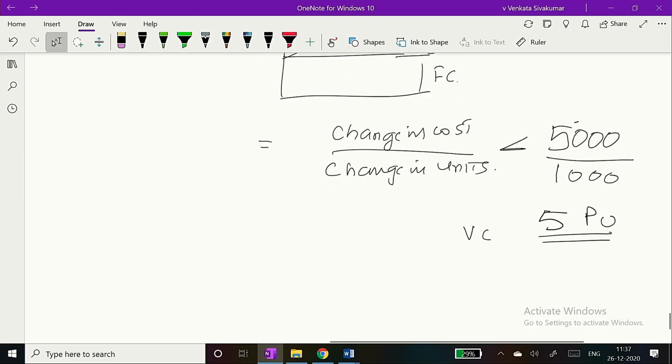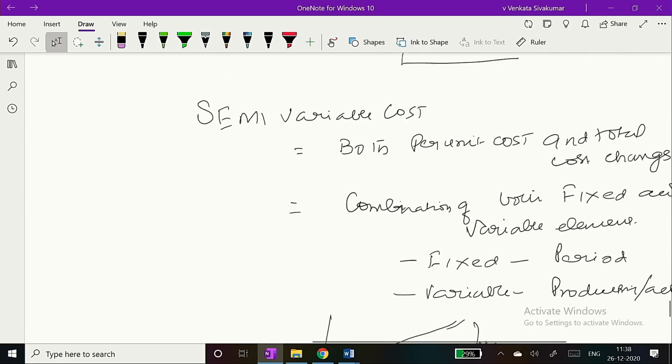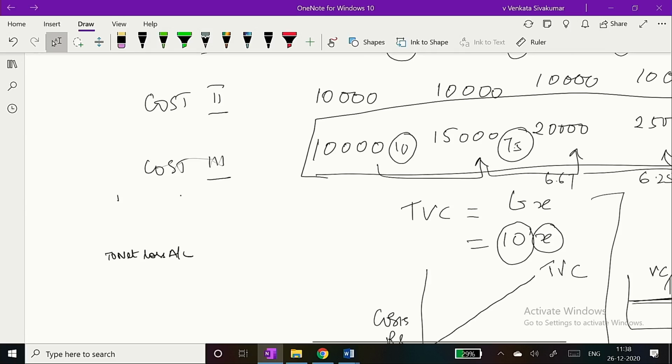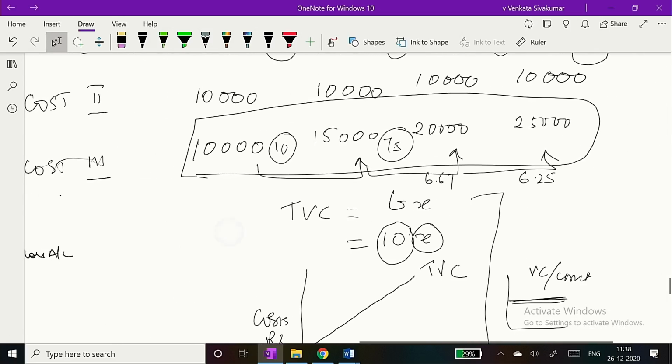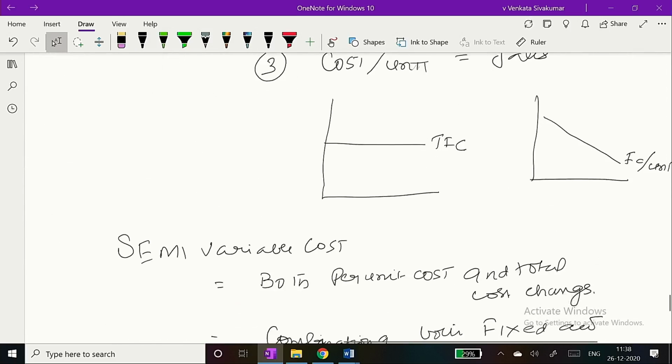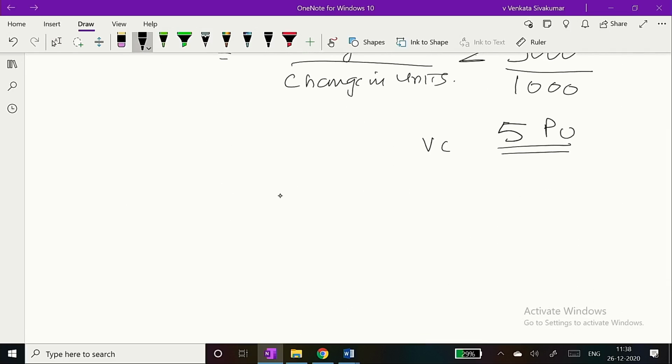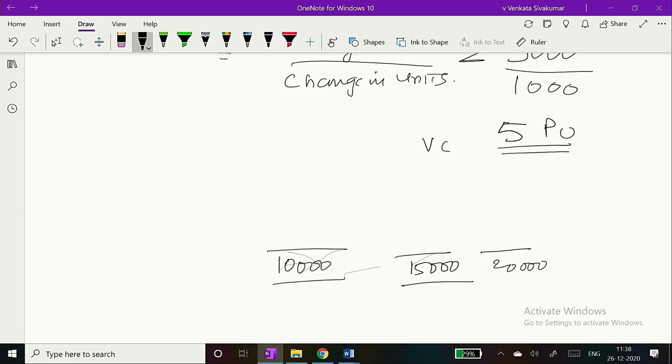Balance is fixed. You can see in this problem 10,000, 15,000, 20,000, for every 1,000 units.